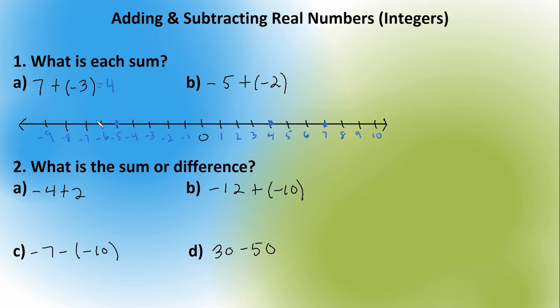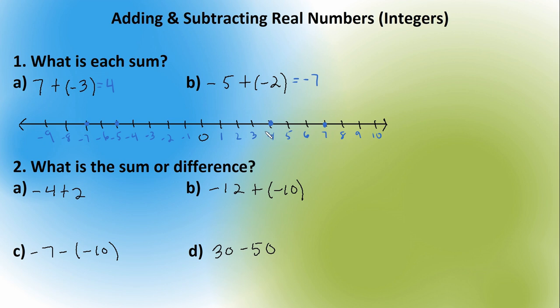So moving 2 units to the left puts us right over here at -7. And that means that -5 plus -2 is the same as -7. Also, it's equivalent to -5 minus 2, which is the same as -7. So whenever you see plus, minus, you can treat it as a negative sign or as a minus sign altogether.